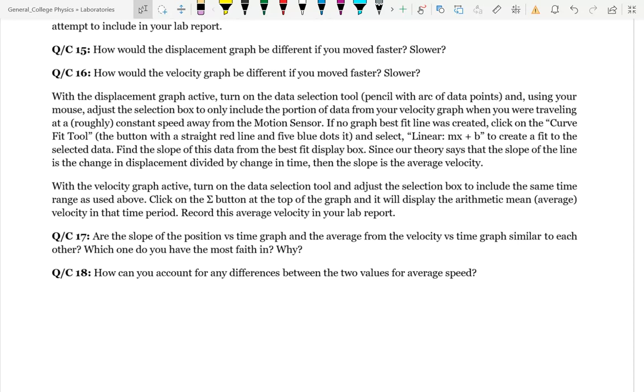The slope is looking for a continuity in the fit, and so they're using different methods. So that's why they come up with a different value. If it was a perfectly straight line, they would be exactly the same. But it's not perfectly straight, so with different methods, you get different results. And so that's what we're doing with the last part. So you need to be able to find the average of the speed and find the slope and compare the two like I just did.